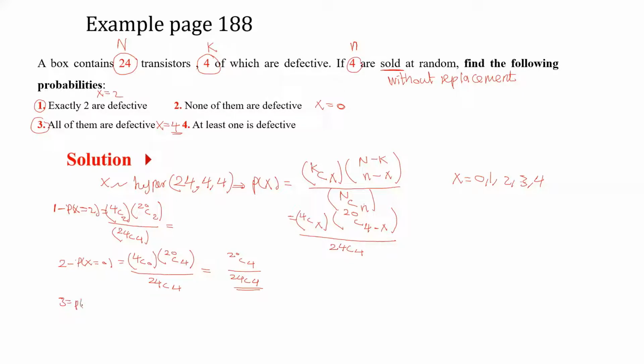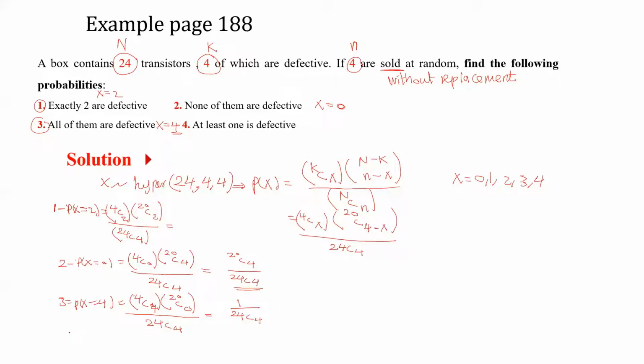So P of X equal 4, instead of x we write 4, it's 4C4 multiplied by 20C0. 20C0 is 1, 4C4 is also 1, over 24C4. It is 1 over 24C4.